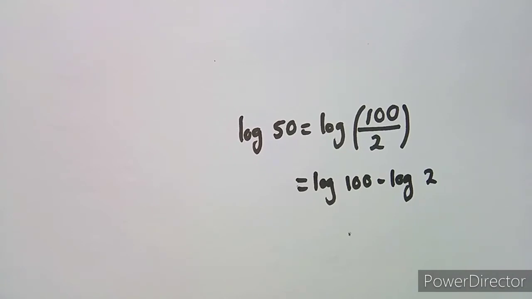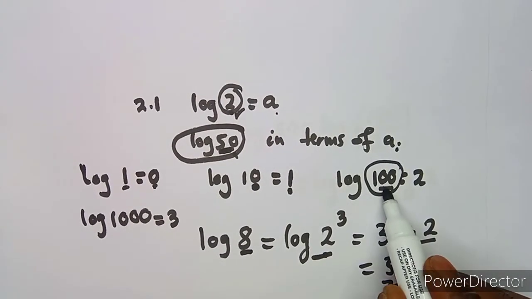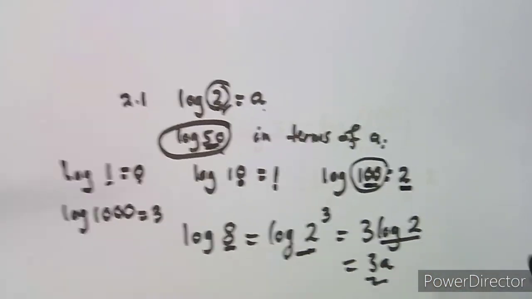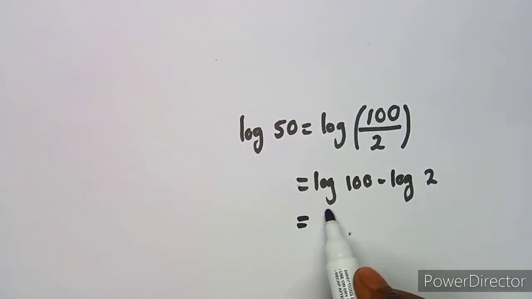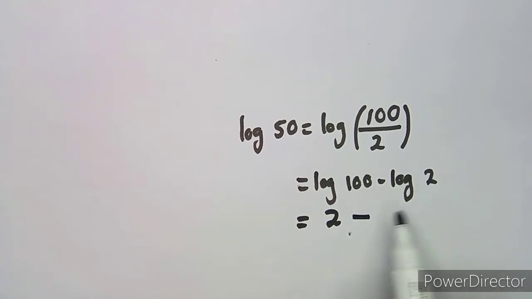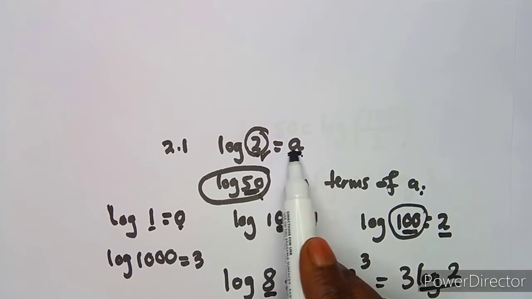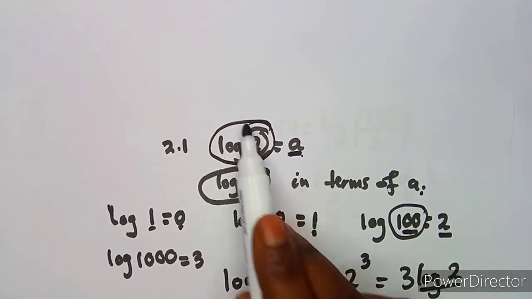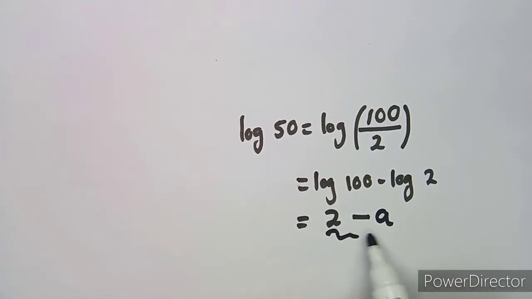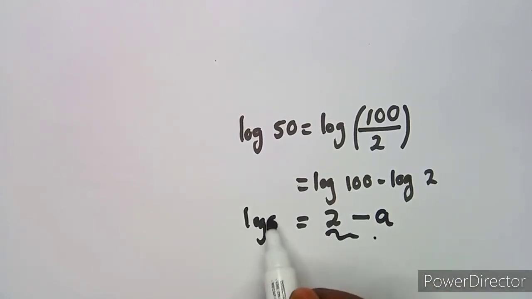Remember, the purpose of introducing this 100 is that we need a number that has a direct logarithm that we know, and we said log 100 is equal to 2. So in place of log 100, I'm going to substitute 2, minus log 2. Our log 2 is equal to a, so in place of log 2, I'm going to substitute a. So this is going to be 2 minus a. This is the value of log 50. So that was the concept, guys.